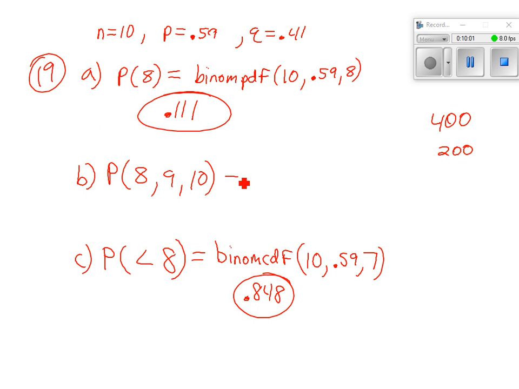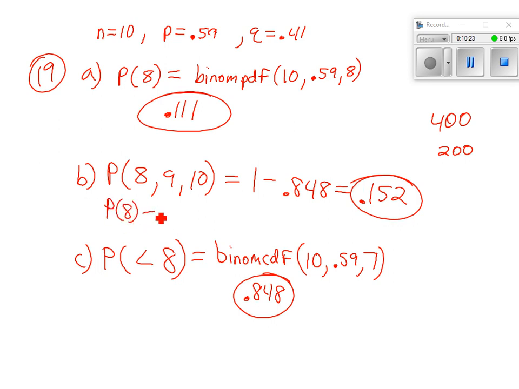That means C is 0.85. And to find B, we can just take 1 minus that. What was it? 0.152. 0.15. And again, we could have found the probability of 8, which we already had right here.